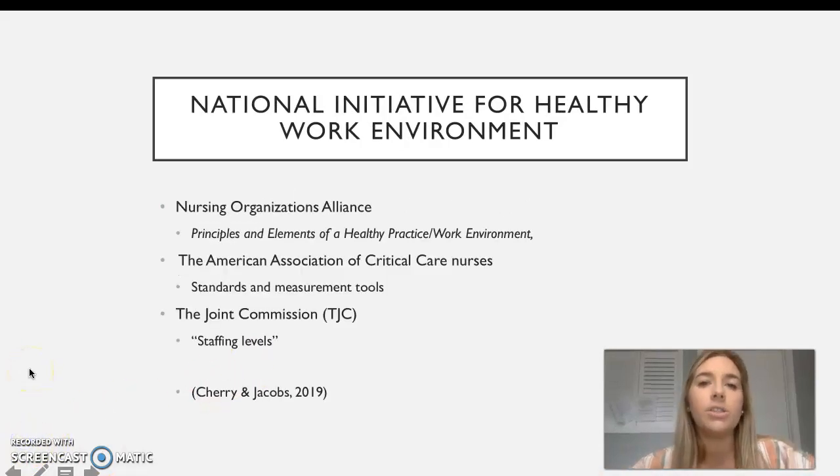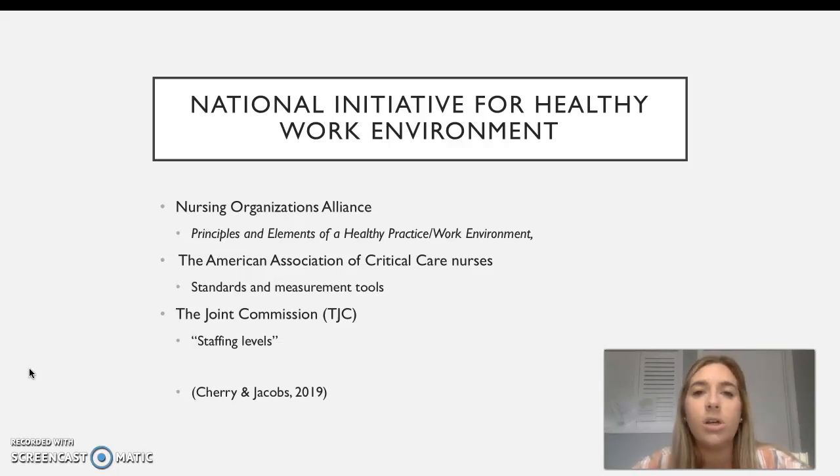National initiatives have been undertaken to promote positive and safe work environment for nurses. Nursing Organizations Alliance developed its principles of elements of a healthy practice and work environment. This provides a framework for organizations to improve nurses' teamwork environments.